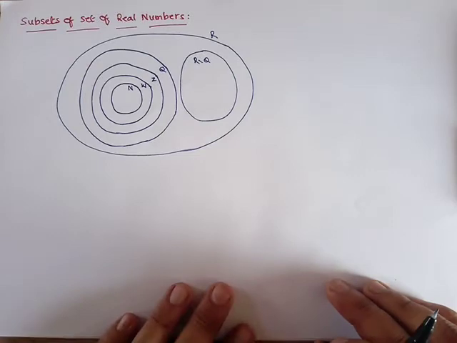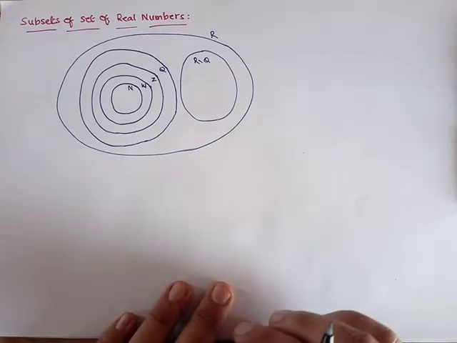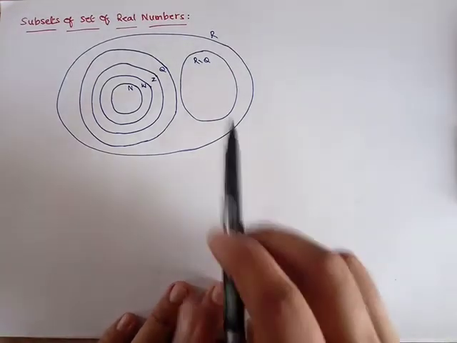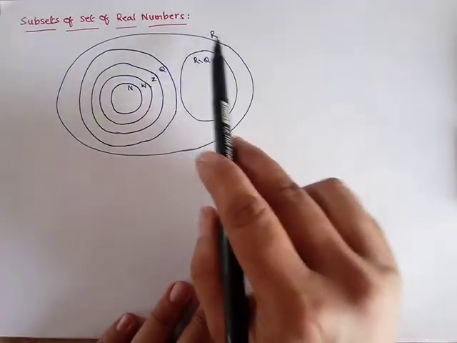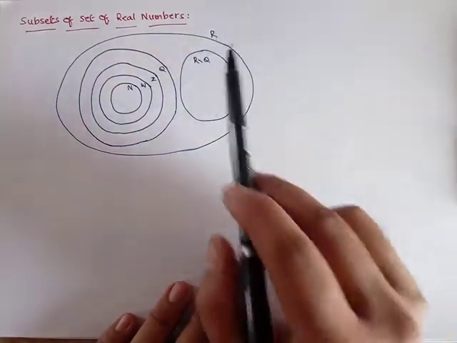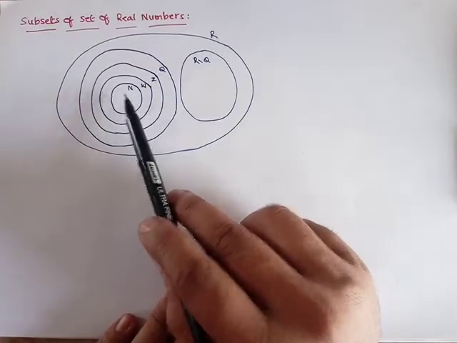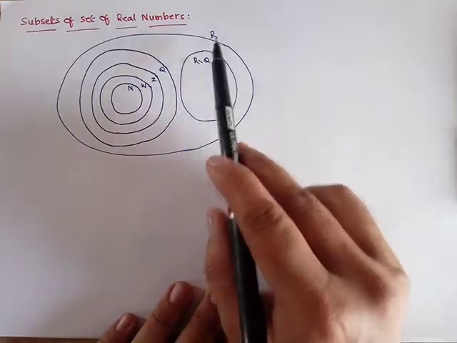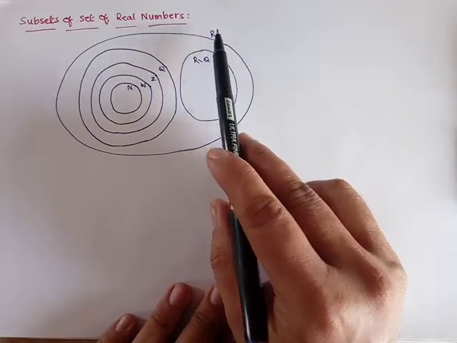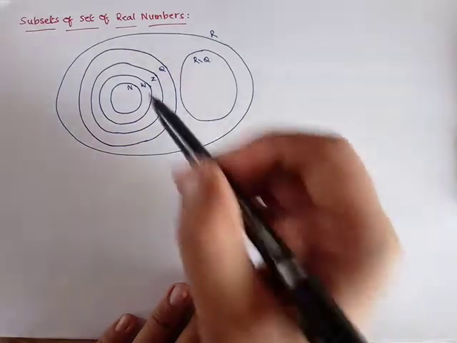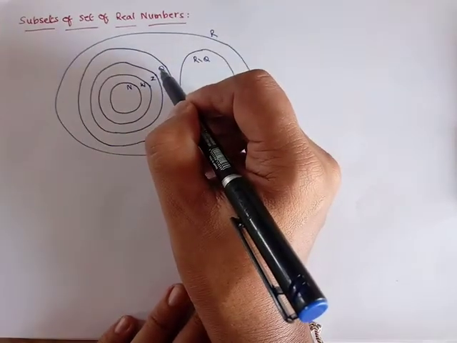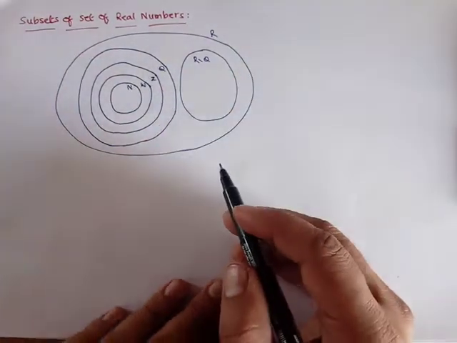Coming to the next subtopic, subsets of the set of real numbers. First of all, the set of real numbers we consider is taken here as R. In the real numbers, two things are to be taken. First one is Q, which is nothing but rational numbers.